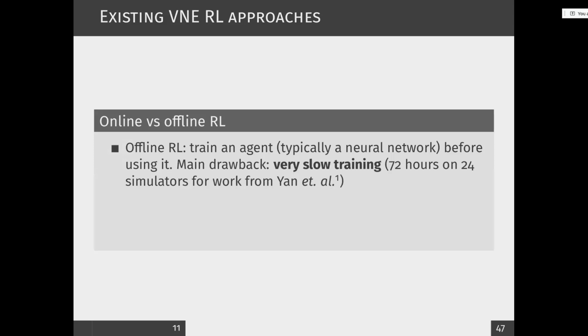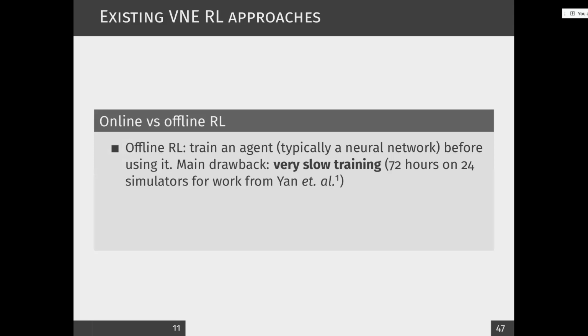Deep reinforcement learning could be said to be offline, in the sense that you train a neural network for a very long time. Typically in the paper I was just citing, it's 72 hours on 24 simulators. Then you obtain a trained agent, and your agent is now very fast to solve the problem.